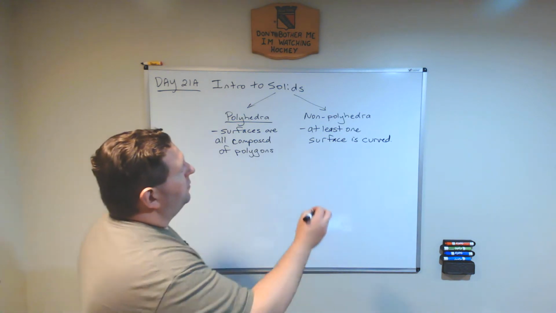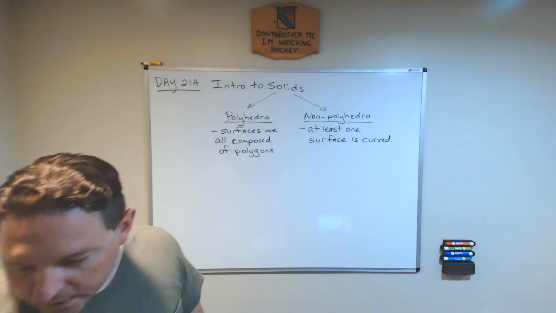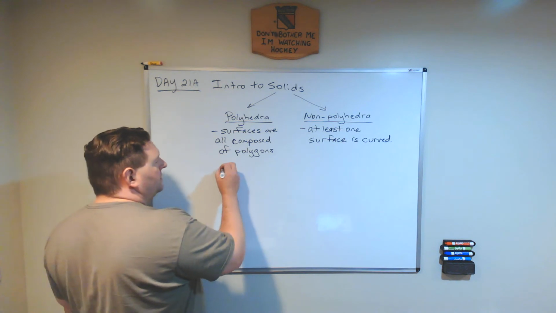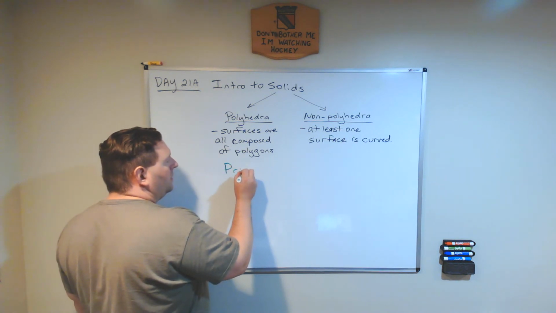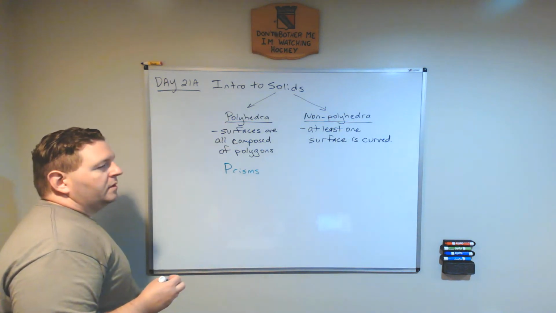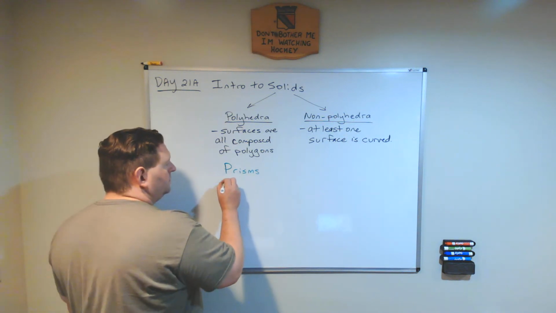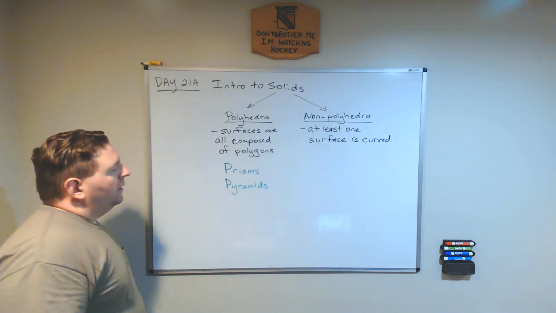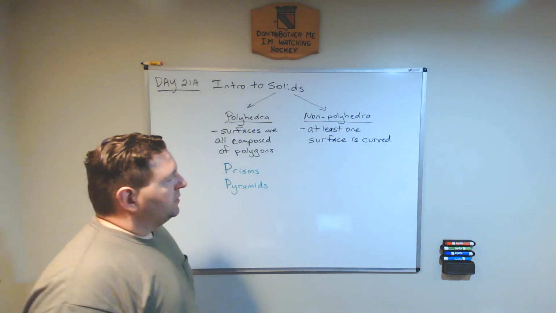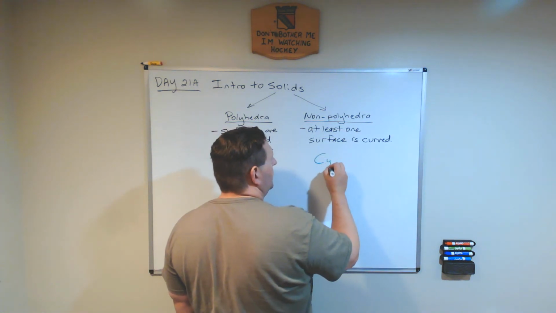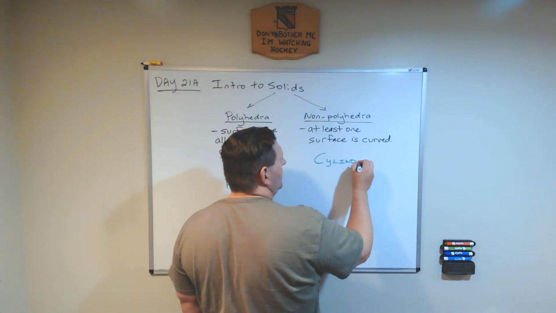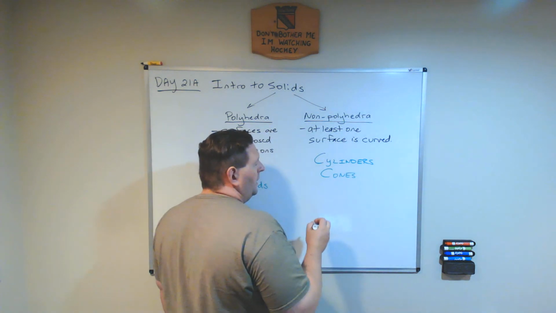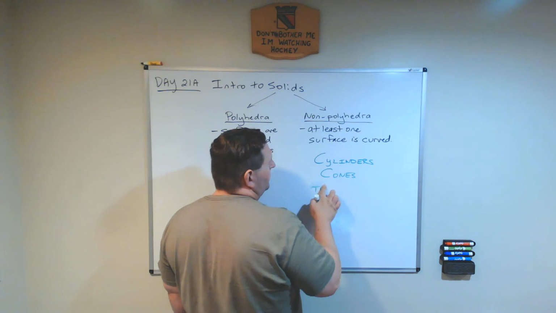So for our list of what we're going to discuss in this course, your polyhedra are your prisms and your pyramids. Whereas your non-polyhedra are going to be your cylinders, cones, and spheres.